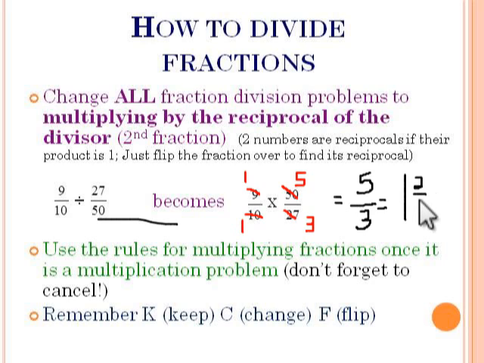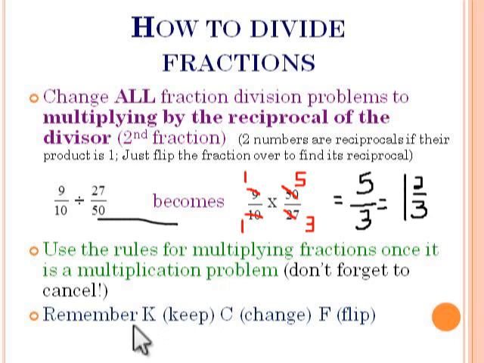So 2, and we never change our denominator when we're doing that. 1 2/3 would be our answer. So we have to remember our rules for multiplying. That would be cancel when possible, multiply straight across, both top and bottom, reduce and rename when necessary. But the first step is to change the division problem into multiplying with the reciprocal.